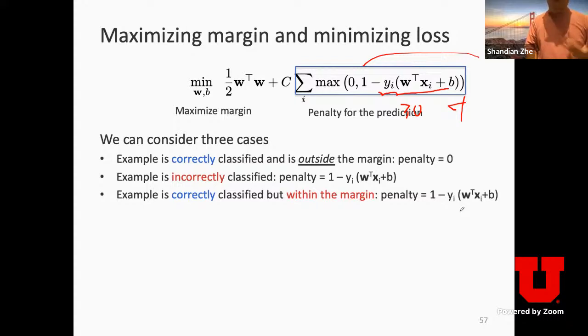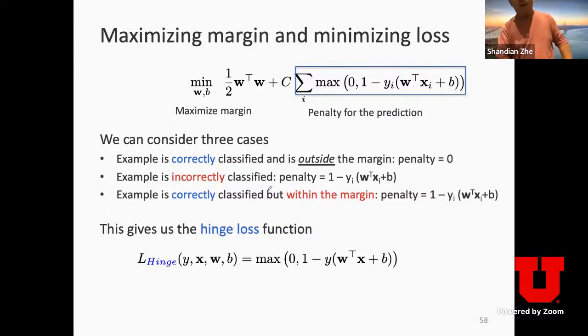Only when your example is far enough away from the separating hyperplane are you going to receive zero penalty. This penalty is called the hinge loss function. It is directly derived from the SVM classifier.